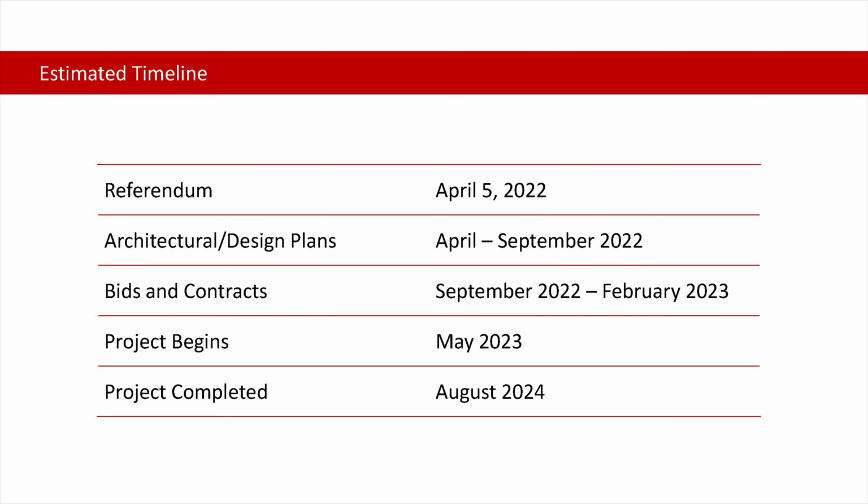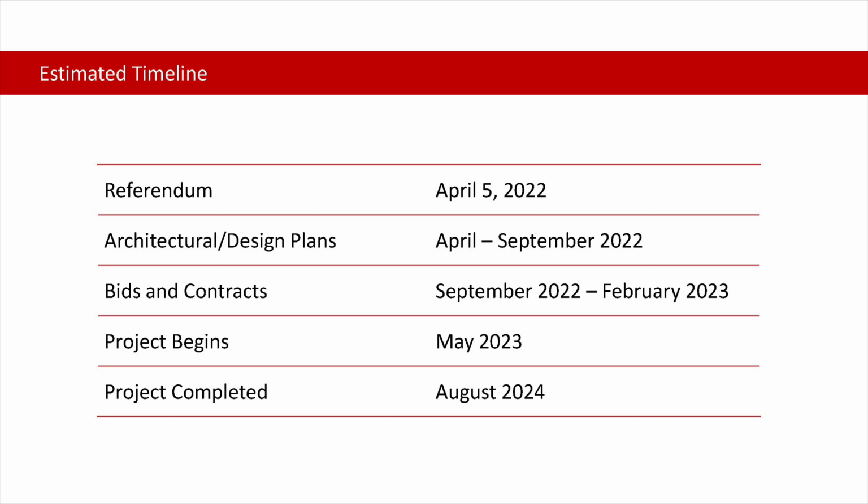This would be our timeline if this referendum were to pass in April. The date of where you would go to the ballot, in essence, is April 5th of 2022. There would be plans and architectural drawings and so forth that need to occur between April and the fall. It might not be September, but a little later. Then after that, we go to bid to see who would do the work and enter into contracts with folks that would do the work.